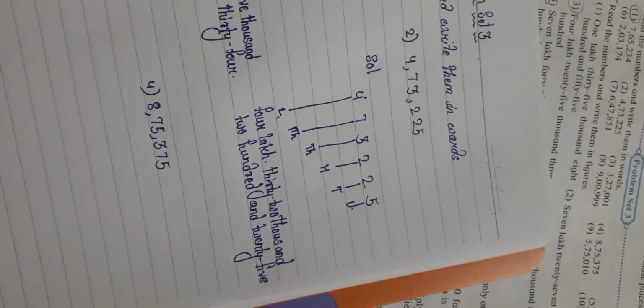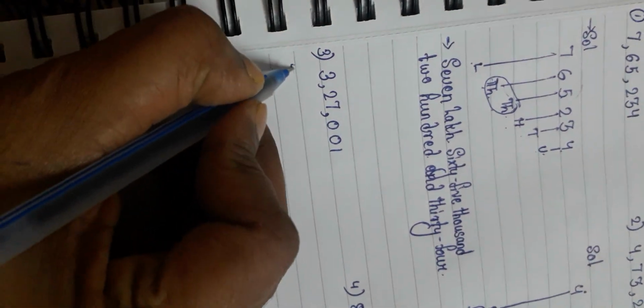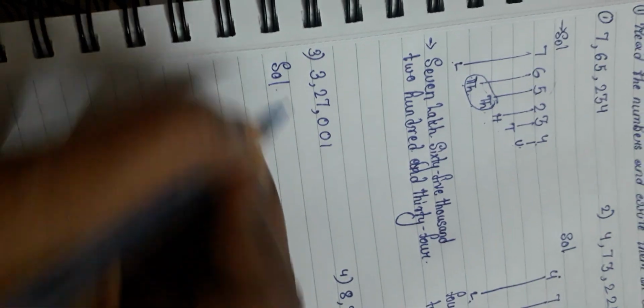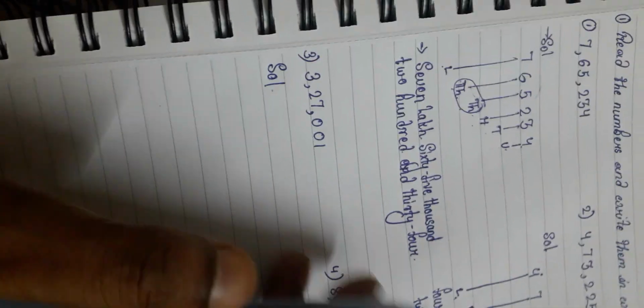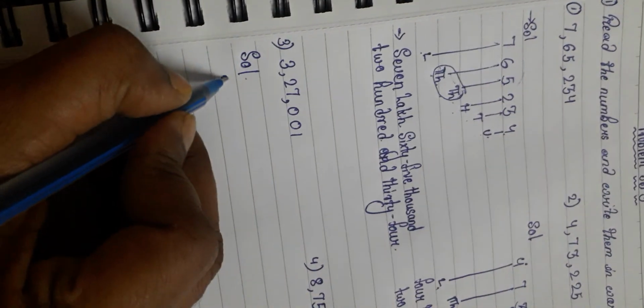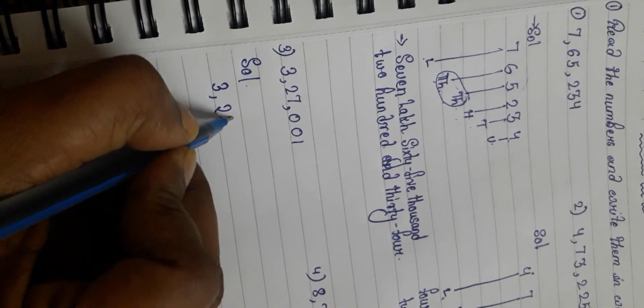This way you will write the answer. In the same way, we will solve question number 3. This is just for understanding. You can directly write the answer, no problem, but just for understanding I am showing how to do it.